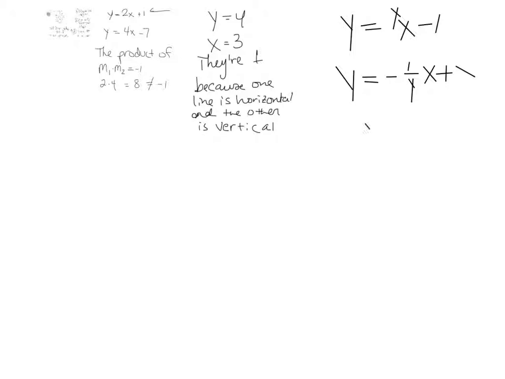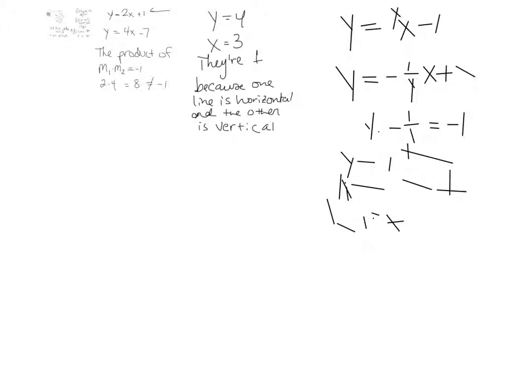So I check. Does 4 times negative 1/4 equal negative 1? So I could say, yes, the lines are perpendicular because the product of their slopes is negative 1. Can I write that?